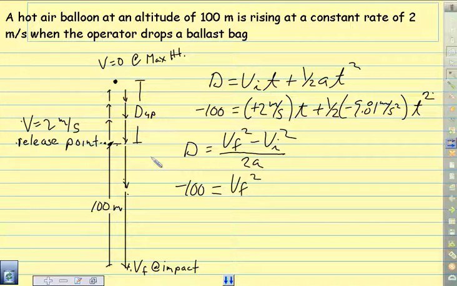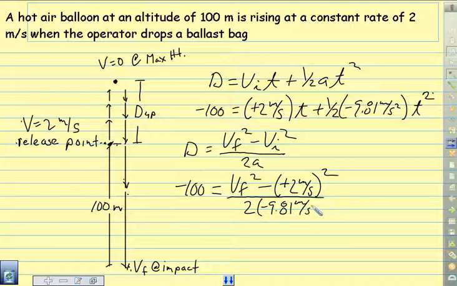My final velocity here at impact is unknown. My initial velocity at this point is 2 meters per second moving upward. Signs here are very important. It is in free fall, so I can use 9.81, and I can solve for V final.